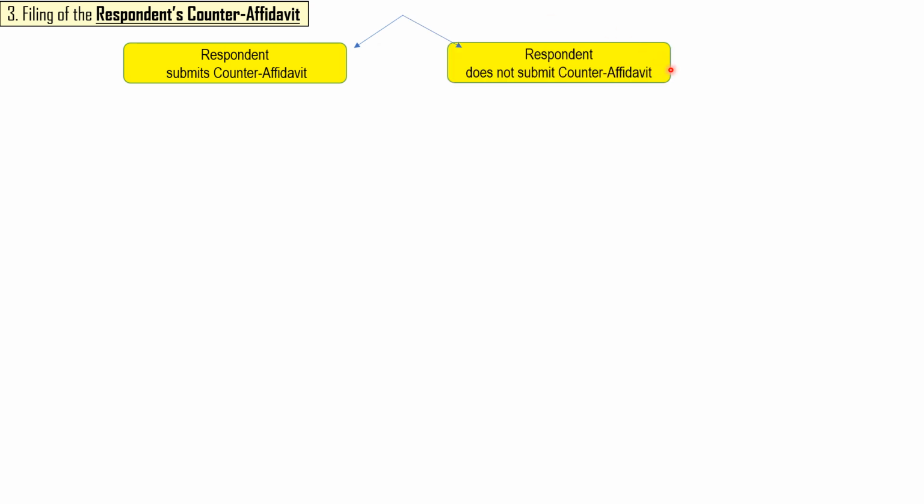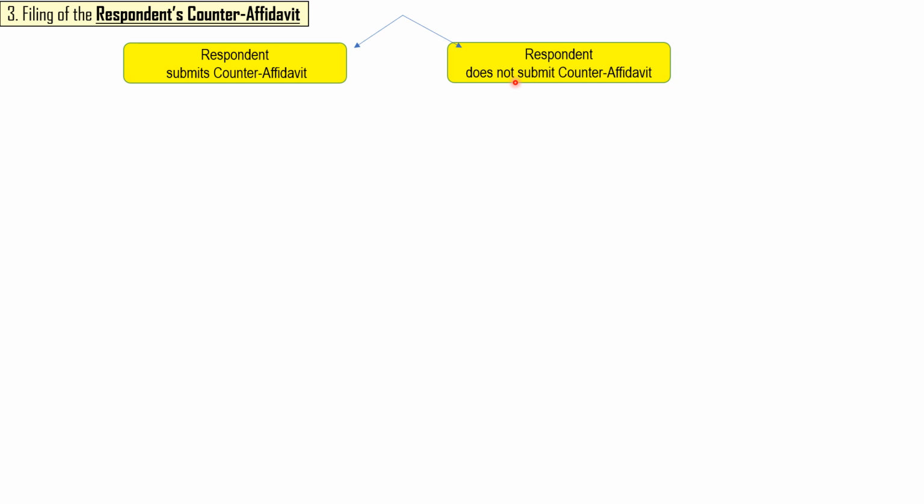Take note that this is not the case all the time, because it could be a situation wherein your respondent will submit his counter affidavit, or your respondent will not submit his counter affidavit. So if the respondent does not submit a counter affidavit, what will happen? Will the case be dismissed because the respondent did not submit his counter affidavit?